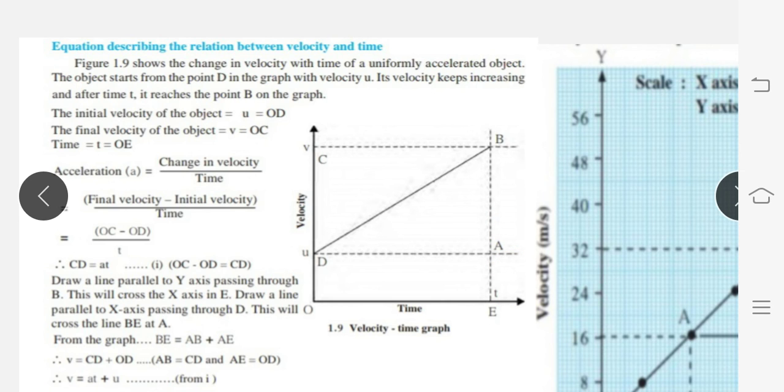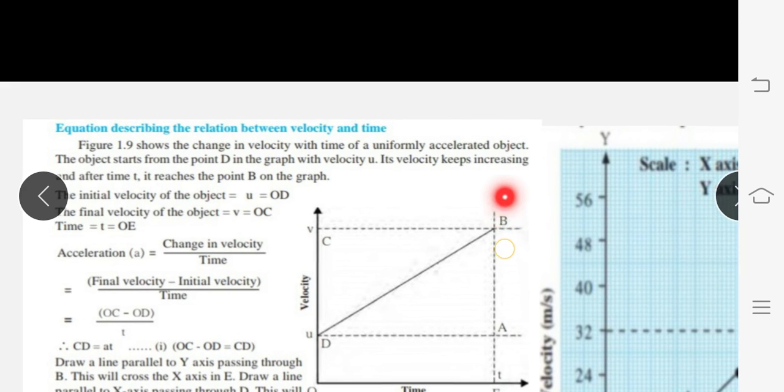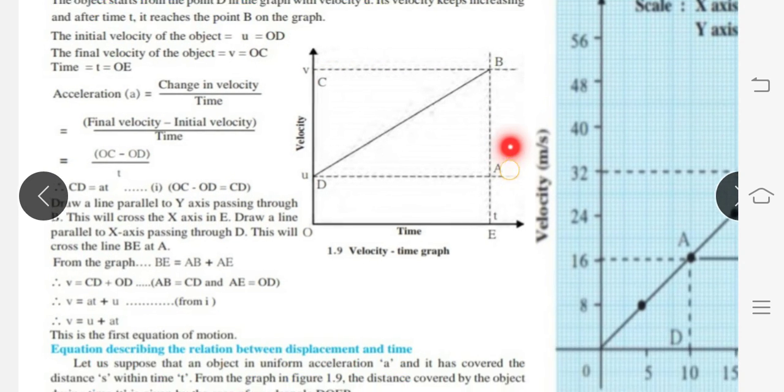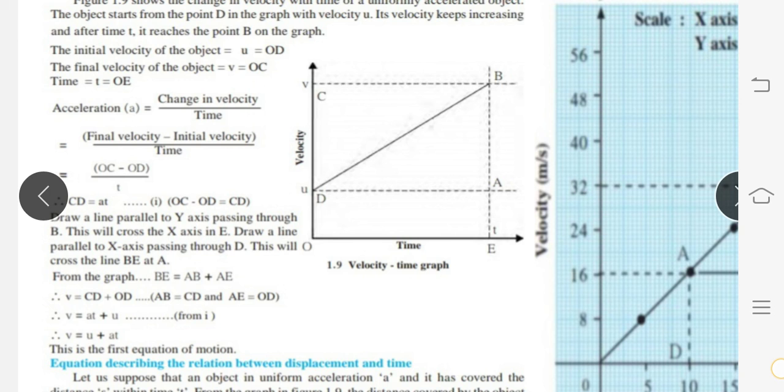So v equals CD plus OD, because AB is exactly equal to CD and AE is exactly equal to OD. So we get v equal to at plus u from equation 1. By arranging the terms, we get v equal to u plus at. So this is the first equation of motion.